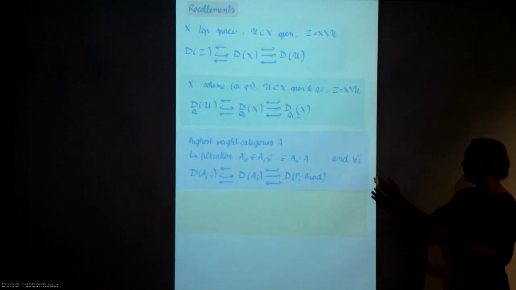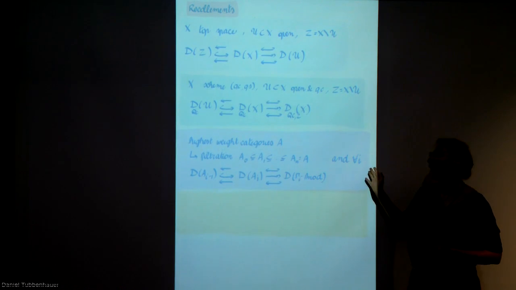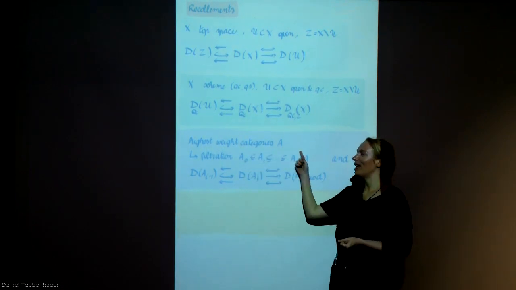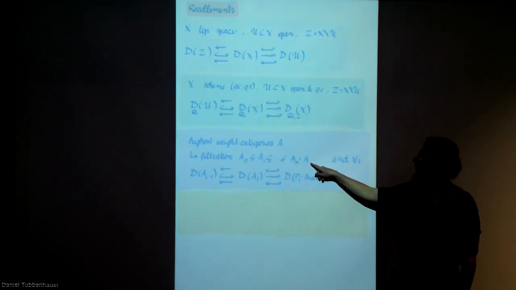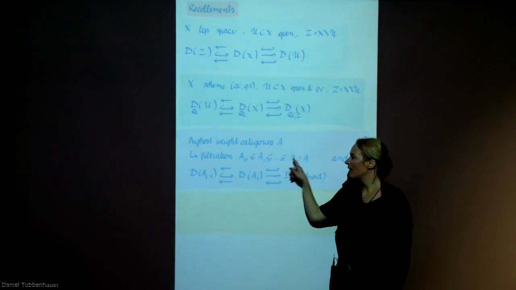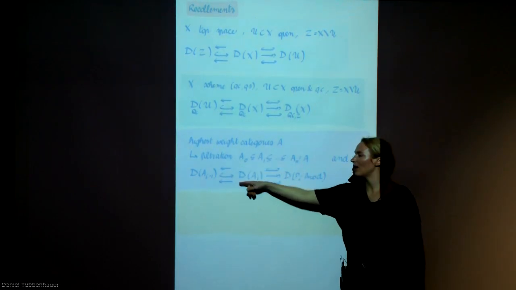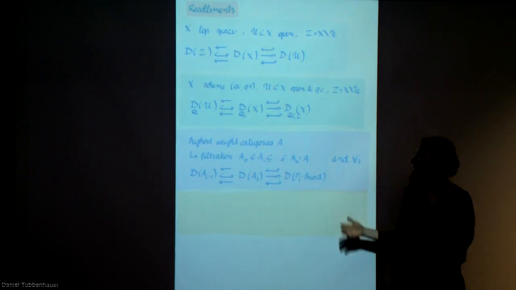If you have a highest weight category, I included this example because I know you like highest weight categories, most of you. Whenever you have a highest weight category, you get some filtration of that category, and each piece fits into a recollement like this. So this is a great way to do things by induction.